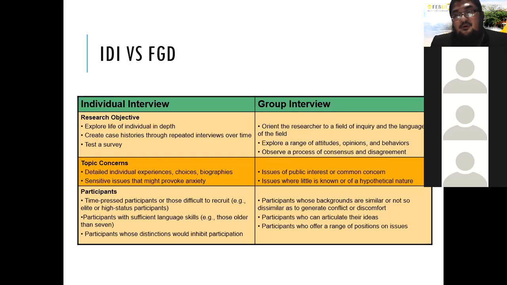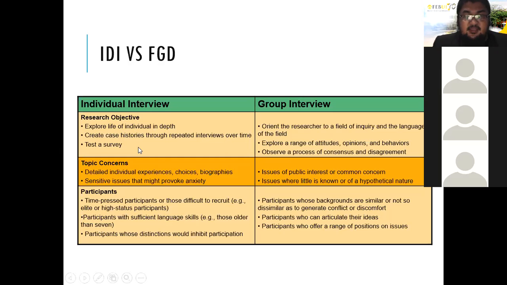But for assessing group interaction or interaction within an institution, like culture, formality, power and relationship, those kinds of variables are better collected using a focus group discussion.